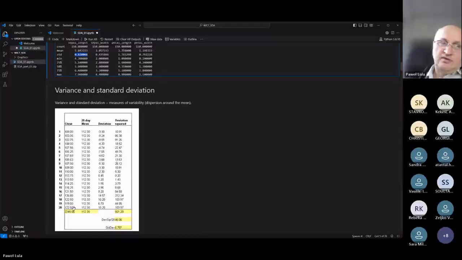During the first step of calculations, we calculated the average value for this column. So I summed it up, and after it divided by the number of observations, so by 20. And the result is here. This result was repeated in every line.